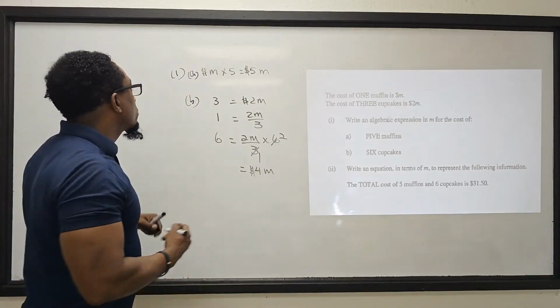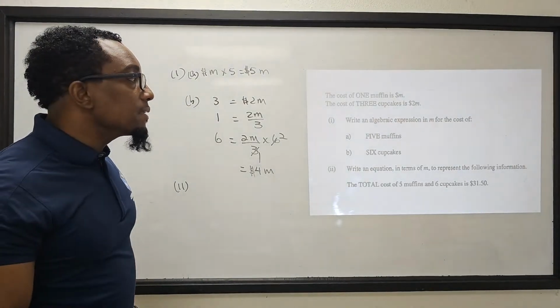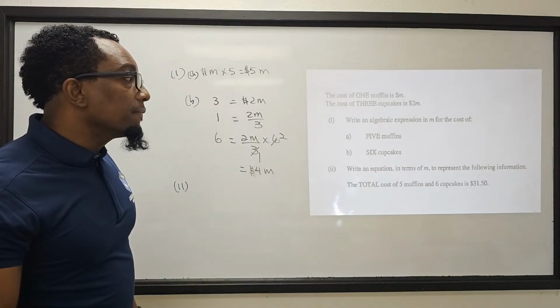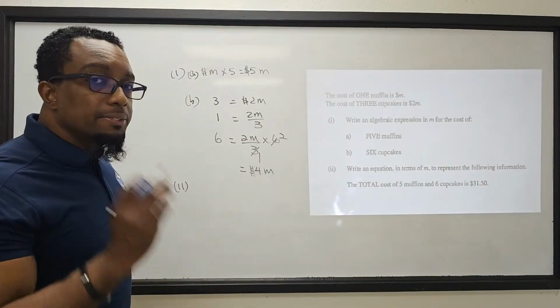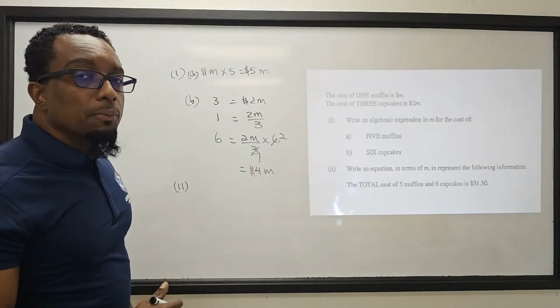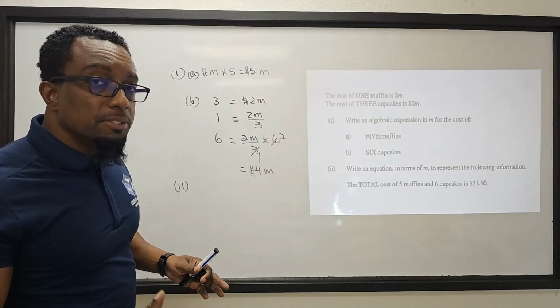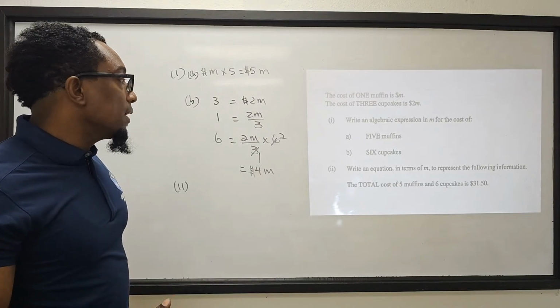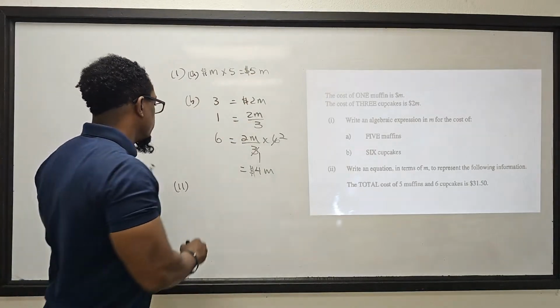But then you have part 2. Write an equation in terms of m to represent the following information. The total cost of the 5 muffins and the 6 cupcakes is $31.50. I want you to just write an equation, not solve it. So what's the total of 5 muffins? Cost $5m.